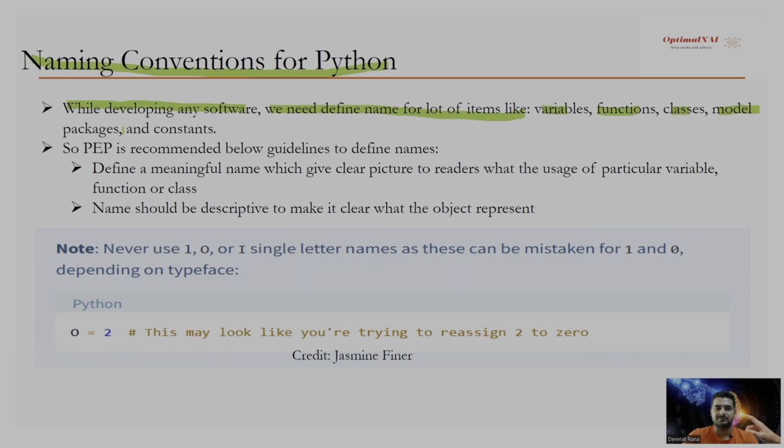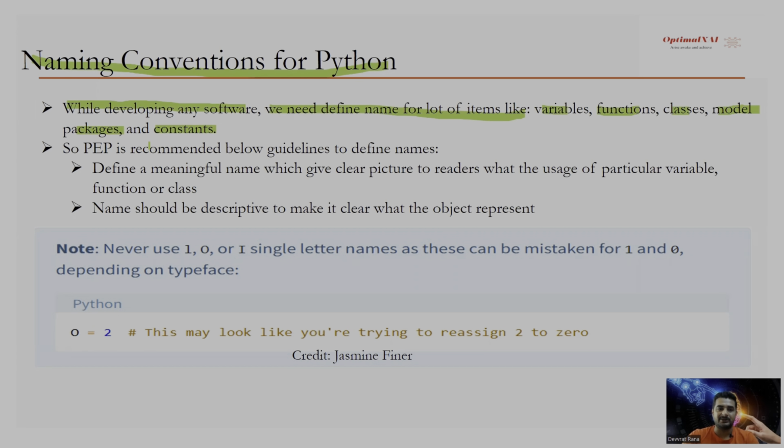Packages, constants, a number of things, because in industry we need to develop big frameworks. That's why we need to take care of naming rules, naming conventions, and coding rules, so that in future anyone who needs to update our code, reuse our code, or inherit our classes can easily do so.